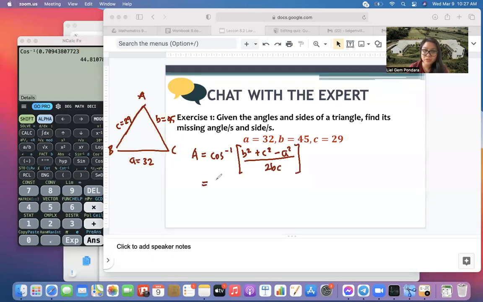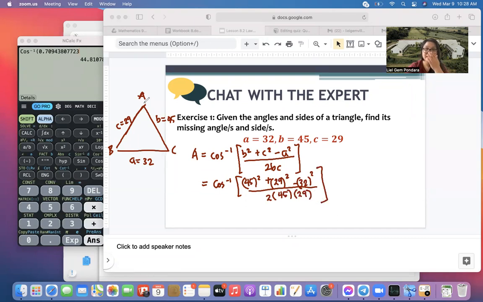So substitute: cosine to the -1 of 45 squared plus 29 squared minus 32 squared over 2 times B times C.